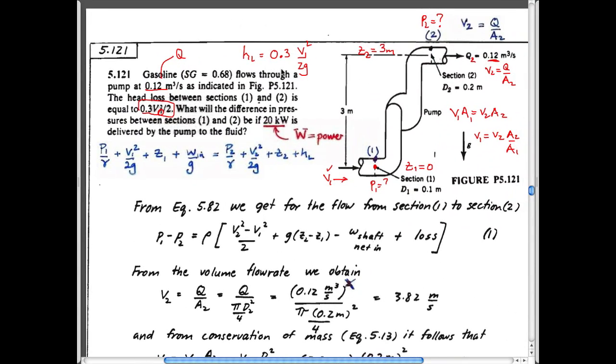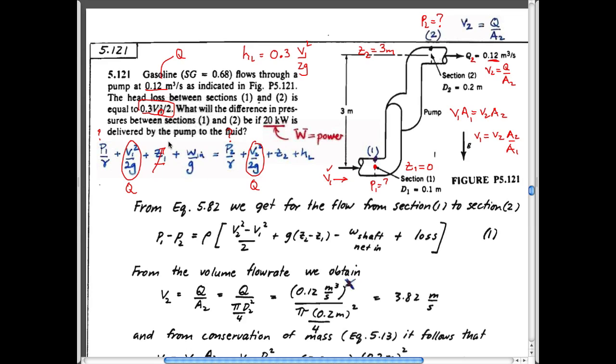And we have to figure out what we know. So we know the velocity at point 1, because we related that to Q, which we know. We know the velocity at point 2, because we've related that to Q. We know the pressures. We don't know the pressures. So these are the two things that we want to rearrange the equation for. We know the elevations.